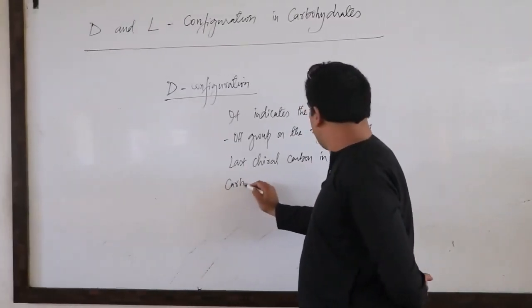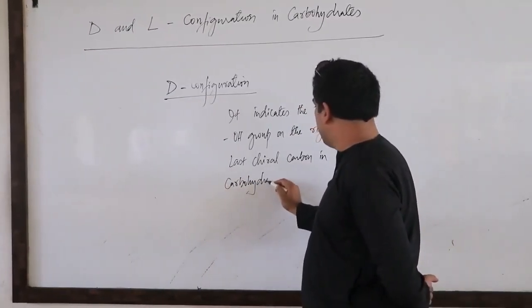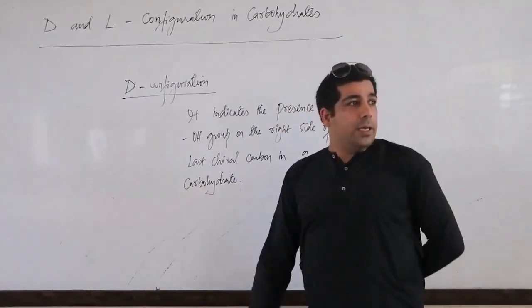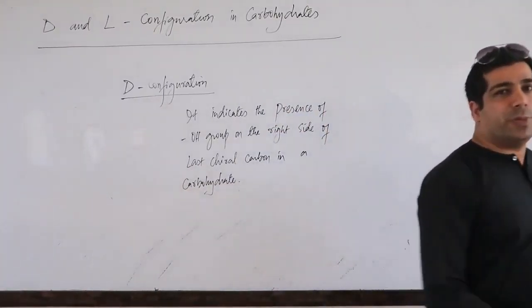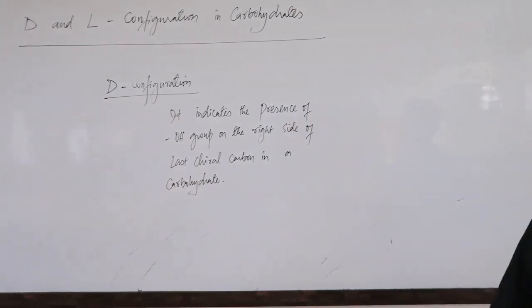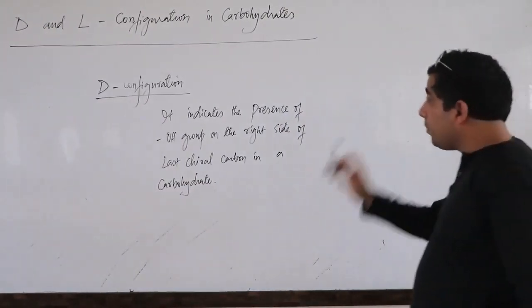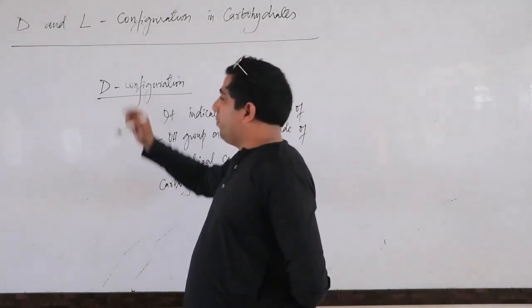If you take a carbohydrate, okay, if you find out that the OH group is present on the right side of the last chiral carbon, okay, it will be your D configuration.